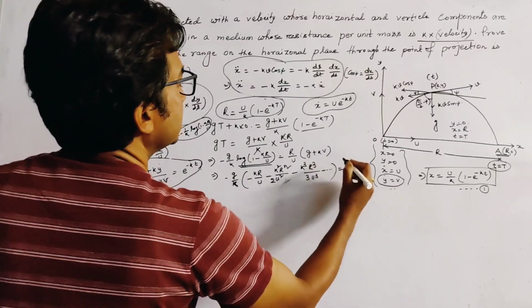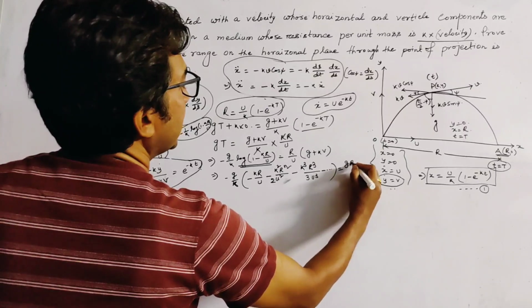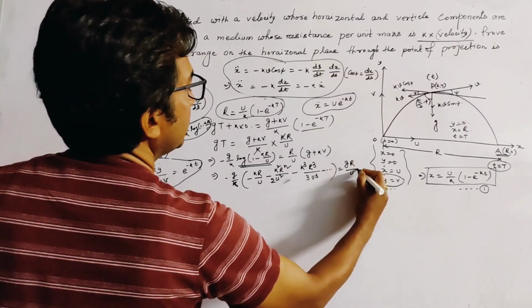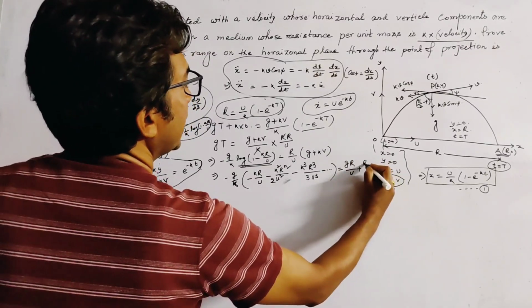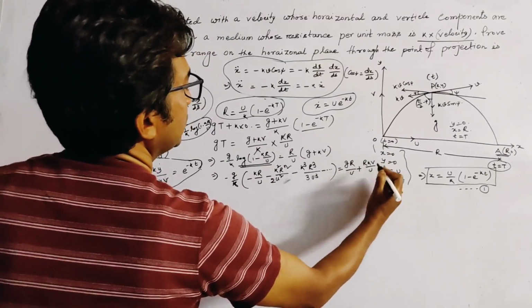And this is g r by u plus, the second term is r k v by u.